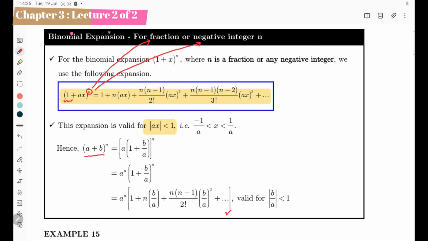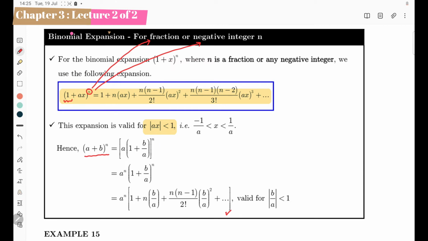Hence, if we have (a + b)^n, since there is no number 1 in our expression here, we then have to factor out a to get a times (1 + b/a) all to the power n.